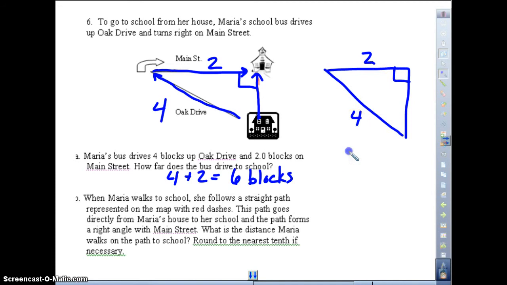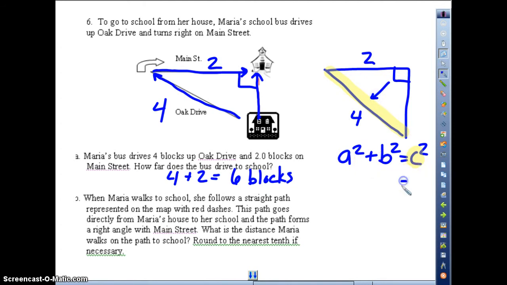Okay, well, it is a right triangle, so we're going to use Pythagorean theorem. The most important side to label correctly is C. That's always your longest side. It's the side opposite that 90-degree angle, so 4 goes in here. We'll call this side A. Let's square these two numbers.